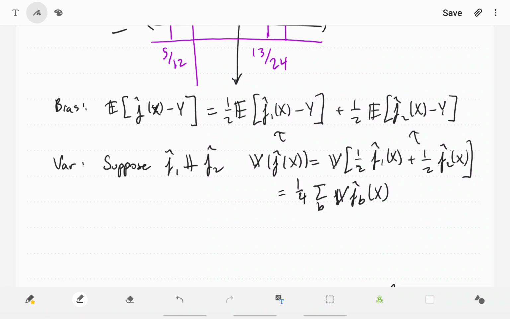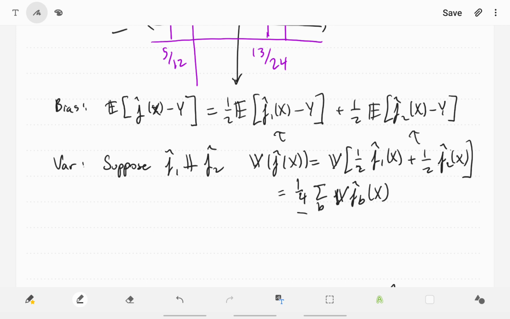So this independence is not going to be a realistic assumption, but if it were true, then we're actually going to reduce the overall variance by a factor of 1/2 in this case, and that's just going to get more extreme as we increase the number of decision trees.